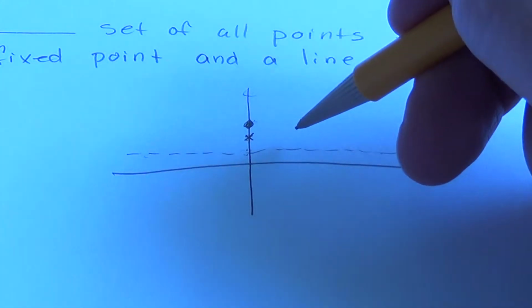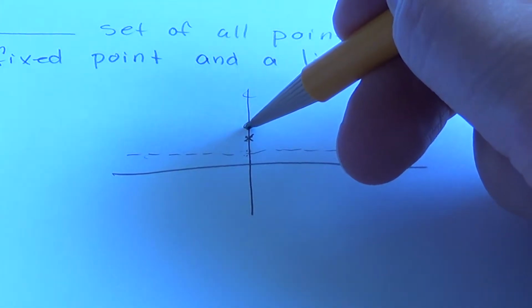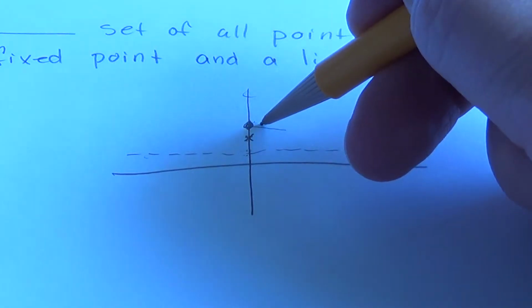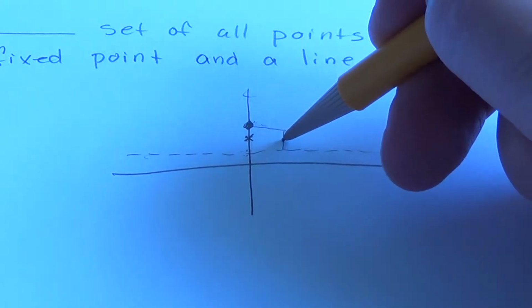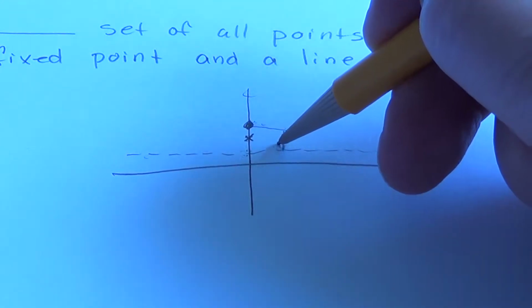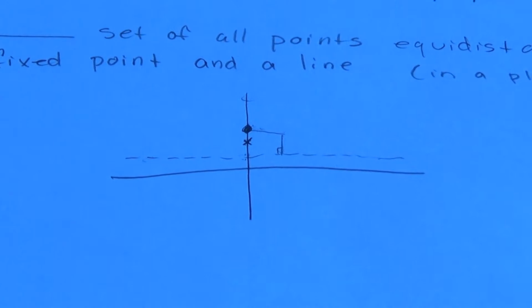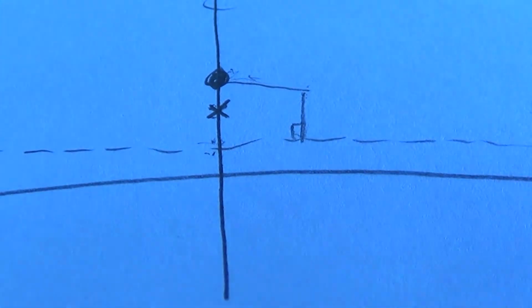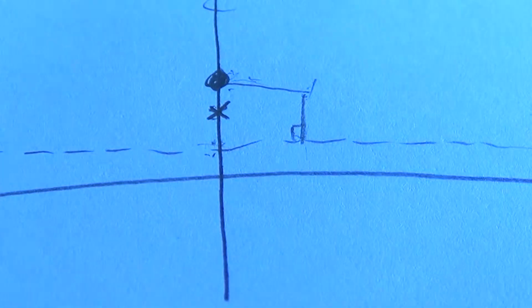So what if we go out in this direction? If I go from the point to this other X, I want this distance to be the same as this distance. The distance to a line from a point is measured perpendicularly. I'm trying to make this look the same length as this.